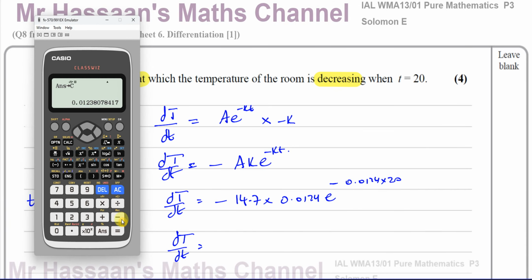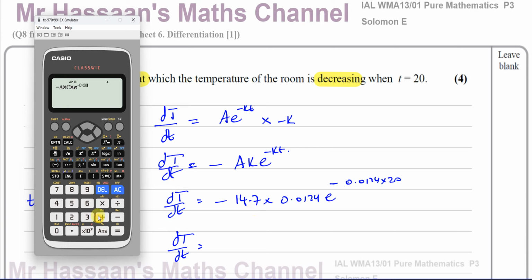So I have minus A, times K, which I've stored as C, so that's my K. Times e to the power of minus, and again, that's my value of K, stored as C, and then times 20.